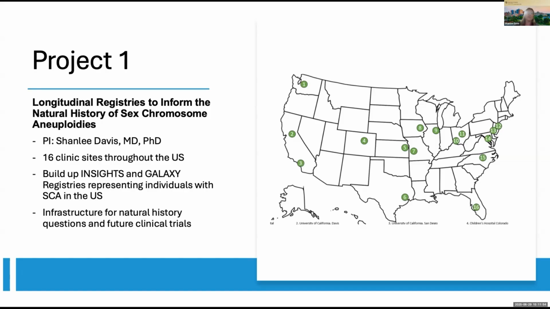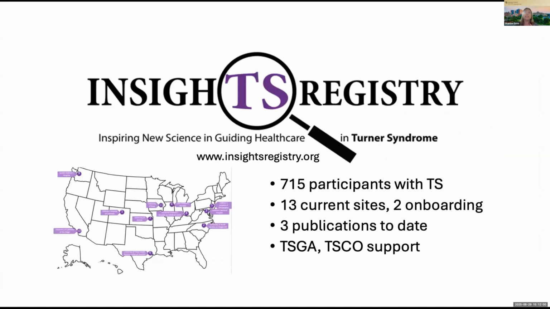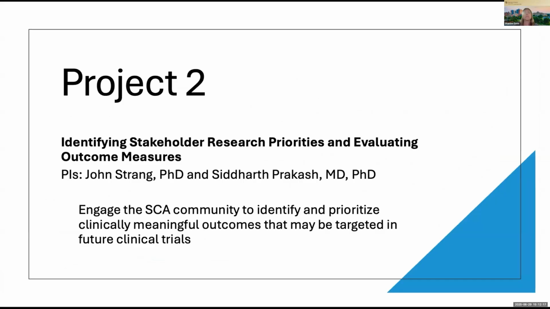This can serve as an infrastructure for natural history questions as well as future clinical trials. In Insights in particular, we currently have 700 participants with Turner syndrome at 13 different sites. This has thus far already led to 3 publications and has really been built on the support from community organizations.